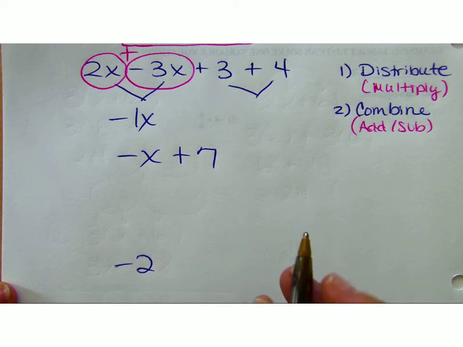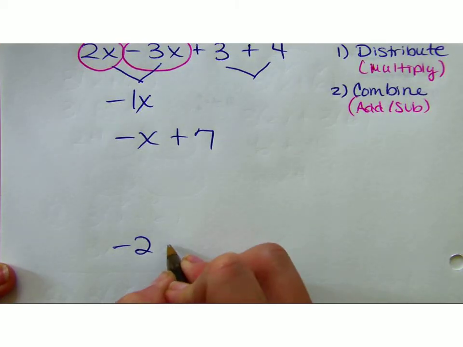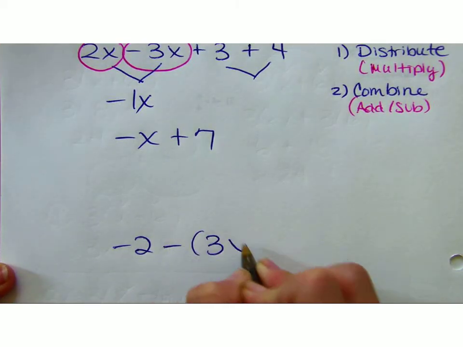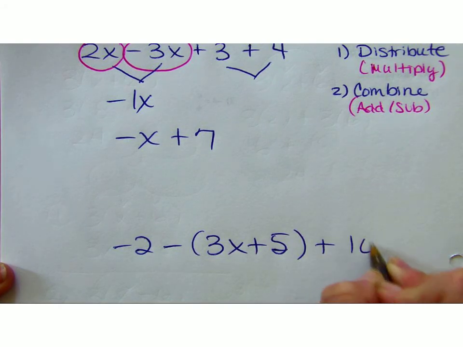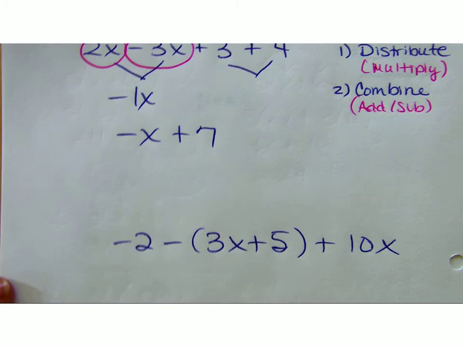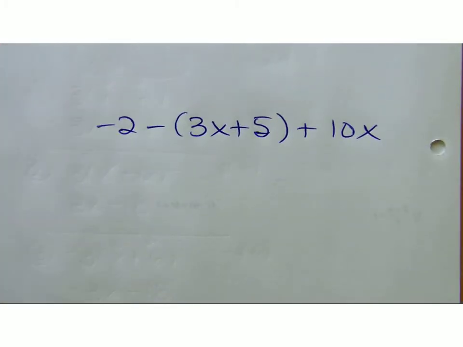What if I, Dominic? What's that? Yeah. So I have 2 minus 3x plus 5 plus 10x. So this one always causes a little bit of confusion, because what am I really distributing? Riley?